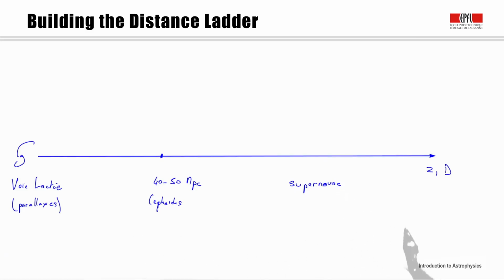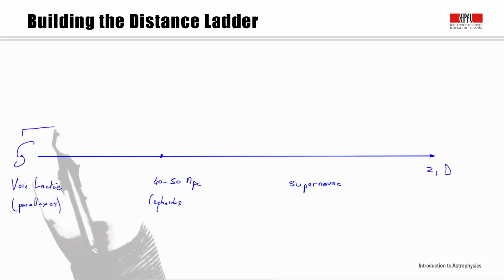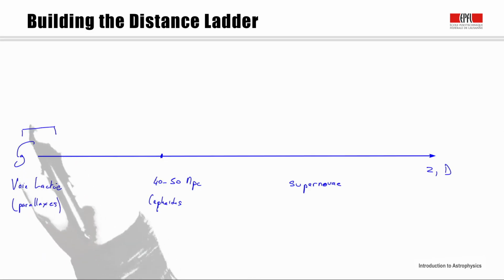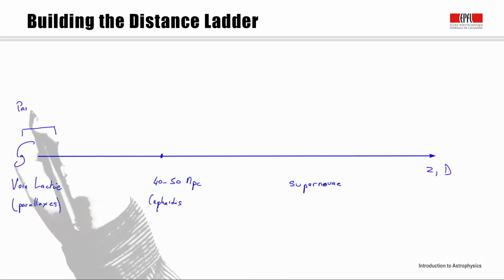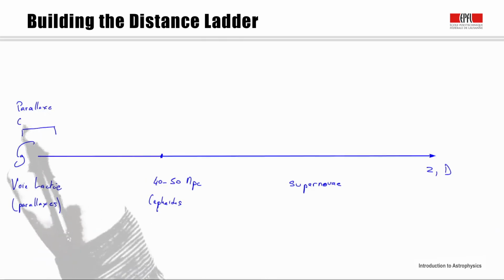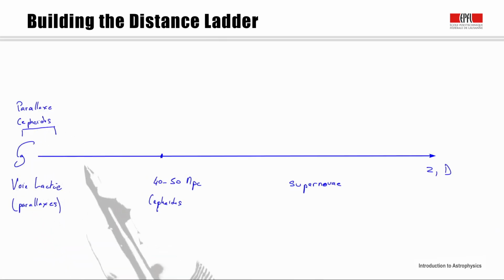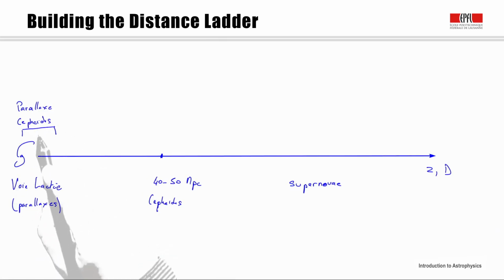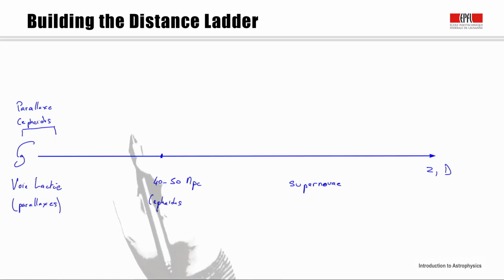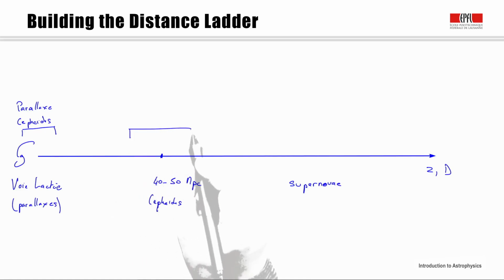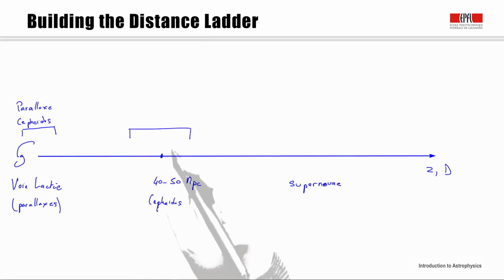We have a certain number of intercalibration zones. Let's say, for example, here, a zone where we have measured parallaxes for Cepheid stars. So we will be able to establish a period luminosity relation for Cepheids by measuring their distance with parallaxes. Then we have a zone here where we have galaxies in which we have Cepheids.